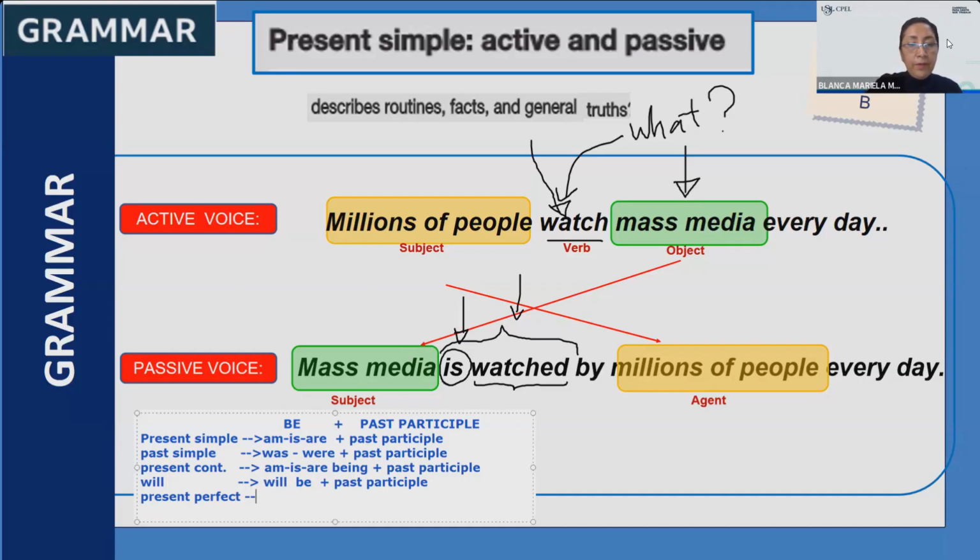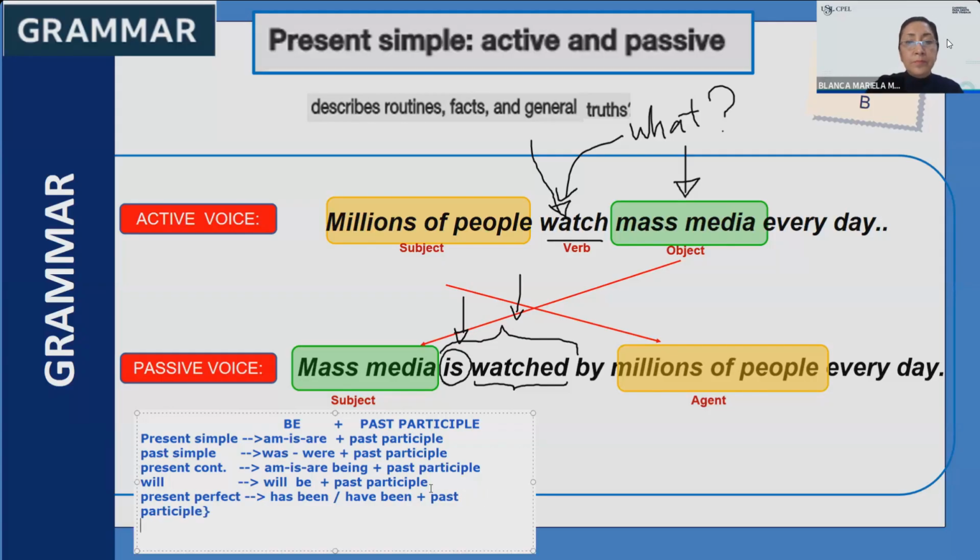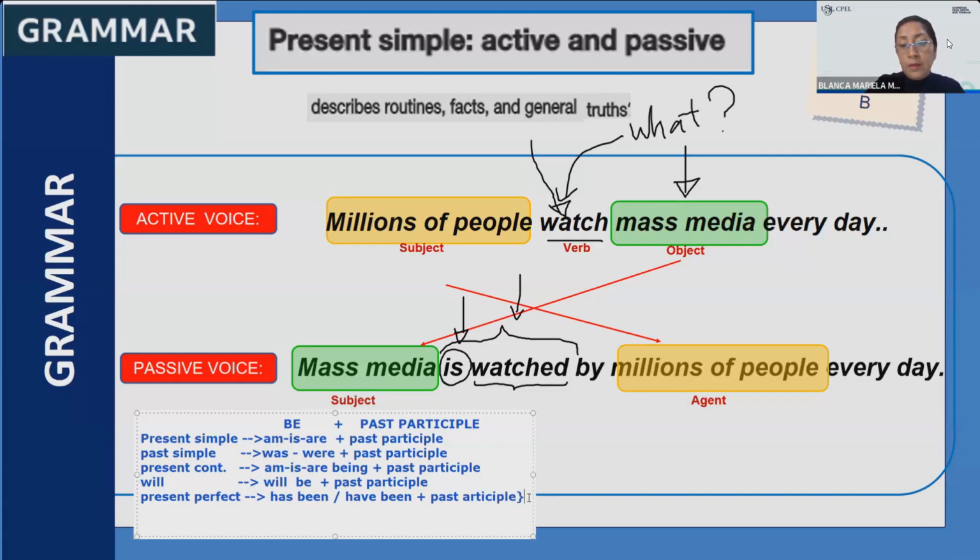Present perfect is has been, or have been, plus the past participle. Then finally, past perfect.